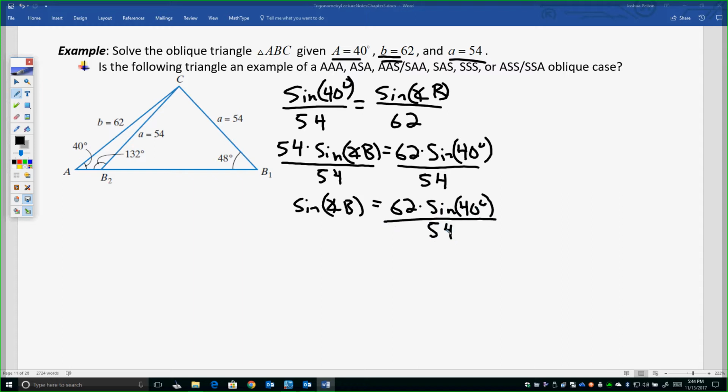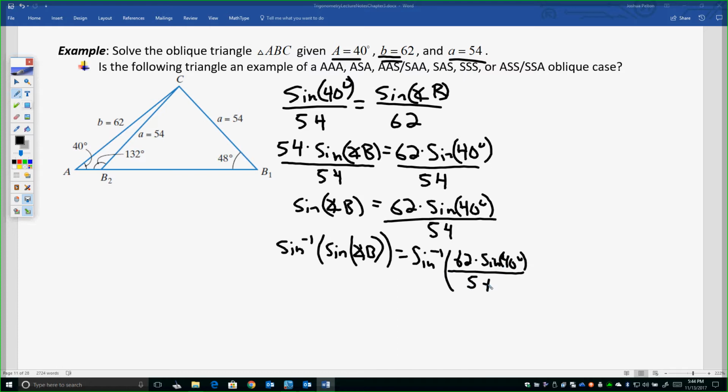I have the inverse sine both sides. So inverse sine of sine B equals inverse sine of, oops, I almost put a 2, 62 times sine of 40 over 54.